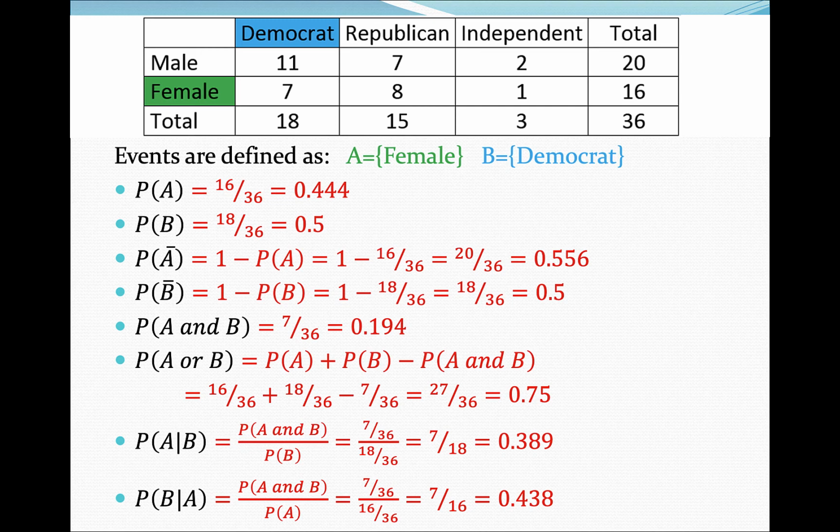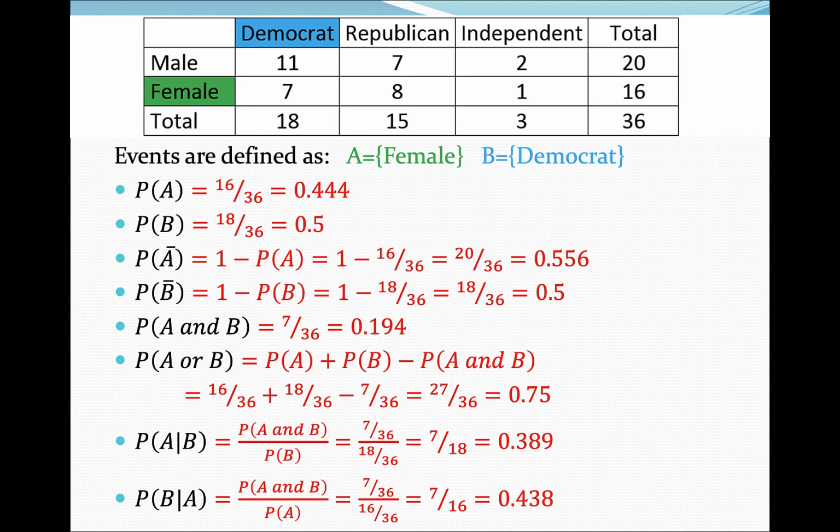The other way is to use the rule. Again, notice that our condition here is A, which means our denominator is the probability of A. That means this is the probability of A and B, which is 7 over 36, divided by the probability of A, which is 16 over 36. That will give you 7 over 16, because again, those denominators of 36 just cancel.